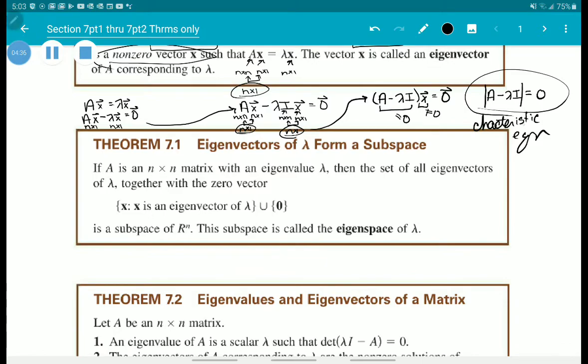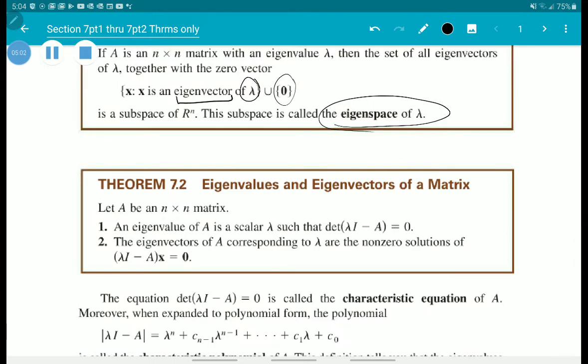Now, once we find the eigenvalues, we can plug those back into A minus lambda I and find essentially the null space of that. That's going to give us eigenvectors associated with that eigenvalue. If we put all those eigenvectors together along with the 0 vector, then that forms the eigenspace of lambda.